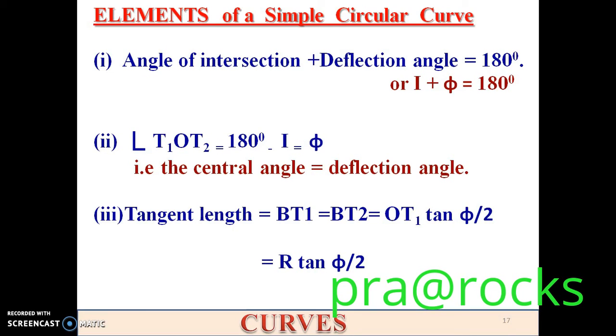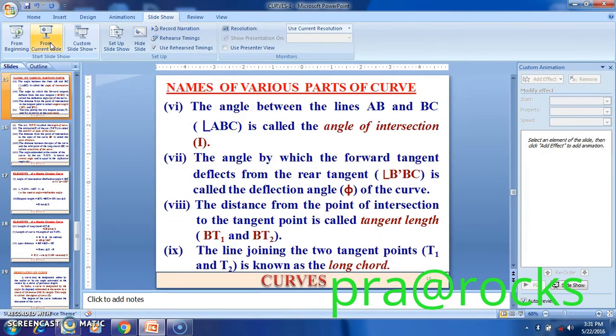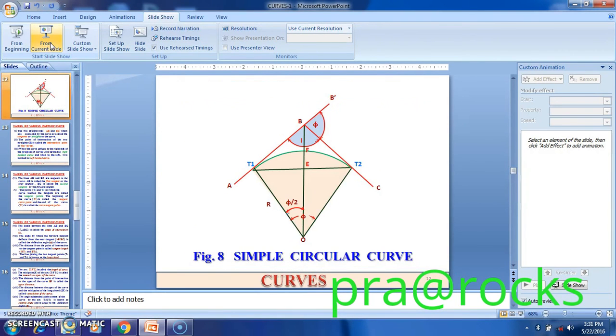That means the central angle equals the deflection angle. And the tangent length BT1 equals BT2, which will be equal to OT1 tan phi by 2.